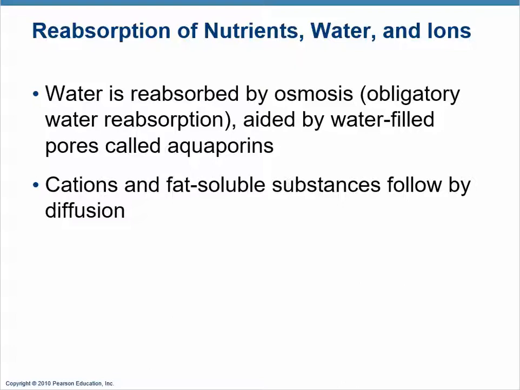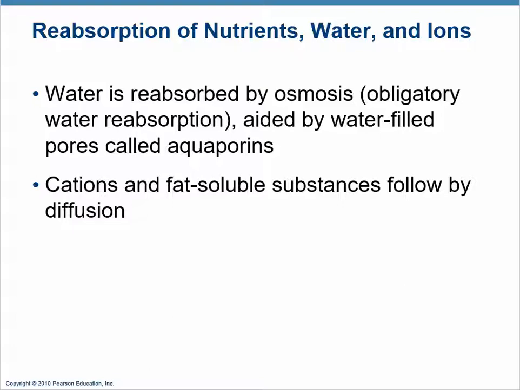So water, as I said to you once before, if you're talking about moving water, it's probably by osmosis. But water has to get across somehow too, not just paracellular, but transcellular. And there are pores, there are channels for water called aquaporins.